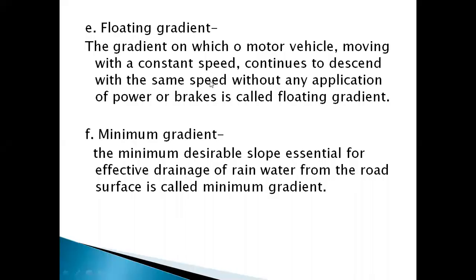Now, after average gradient, next is a floating gradient. The gradient on which a motor vehicle moving with a constant speed continues to descend with the same speed without any application of power or brakes is called a floating gradient. Now see, what is a floating gradient? While we are traveling on the road, we can travel smoothly without changing the speed of the vehicle.